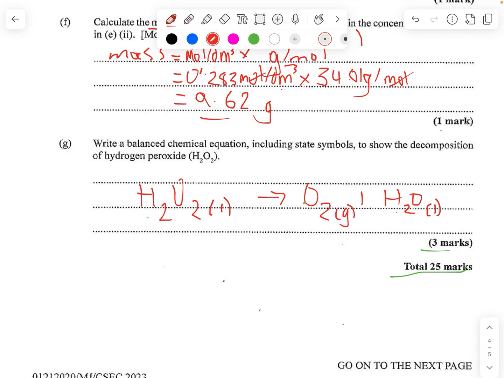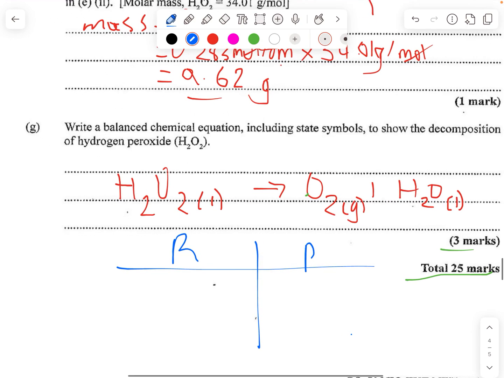Now when you're balancing, if you can do it in your head and you can add up and know exactly the amount of elements present on both sides of the equation, then fine, you're good to go. But if you cannot, I'm going to do the long version. I'm going to draw my reaction table. So we have our reactants on the left and the products on the right.